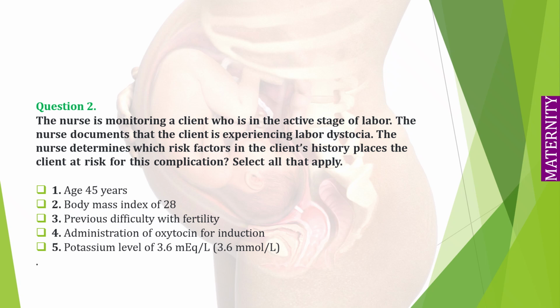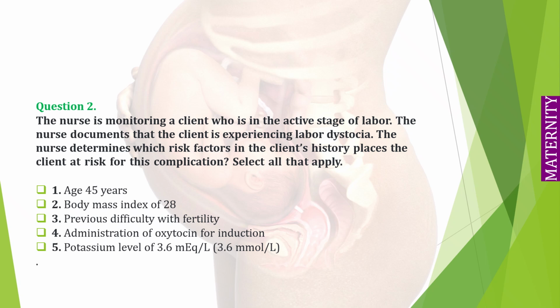Question 2. The nurse is monitoring a client who is in the active stage of labor. The nurse documents that the client is experiencing labor dystocia. The nurse determines which risk factors in the client's history place the client at risk for this complication. Select all that apply. 1.